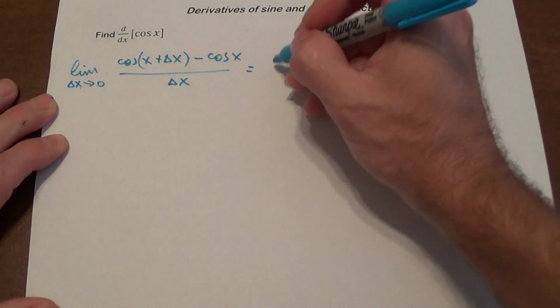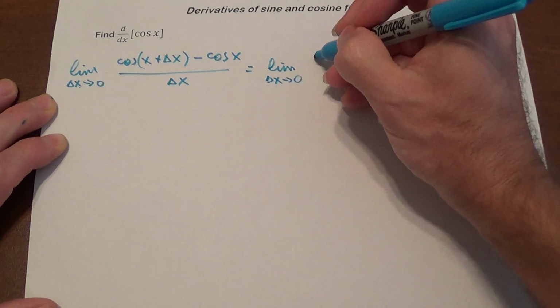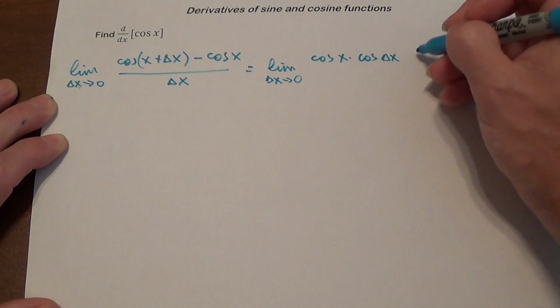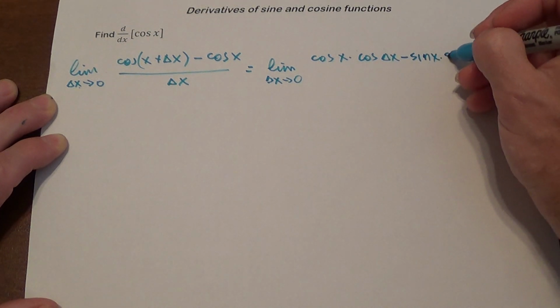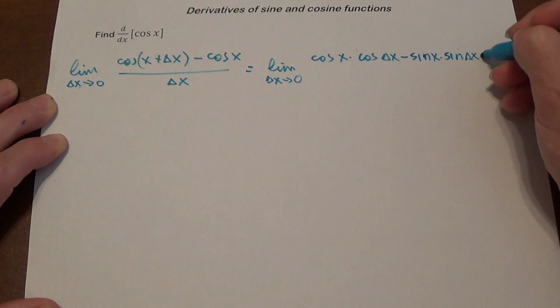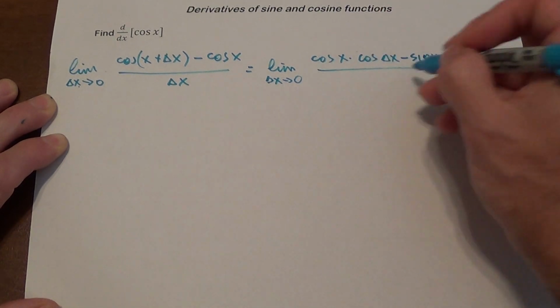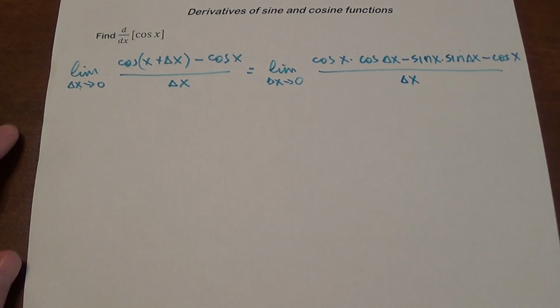Cosine of a sum is going to be cosine x times cosine delta x minus sine x times sine delta x, minus cosine x, all over delta x.